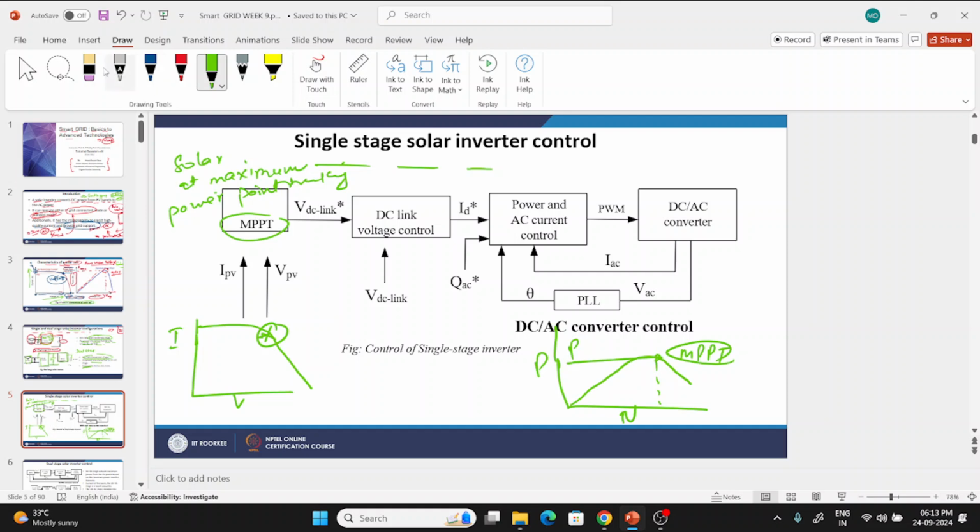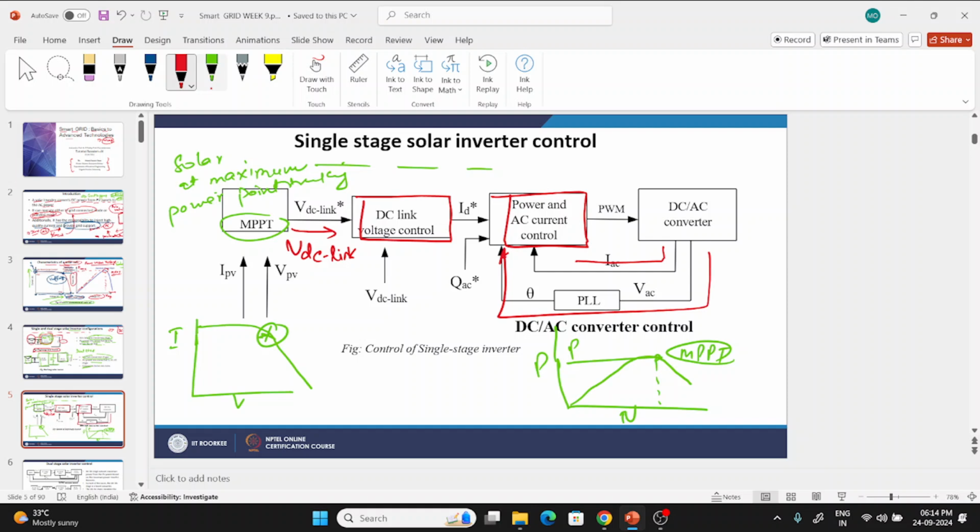Now, after the operation, the voltage generated is known as the VDC link, and the controlling action is done with the help of the VDC link control. Then the current is injected into the power and AC control, and the PLL is connected over here.